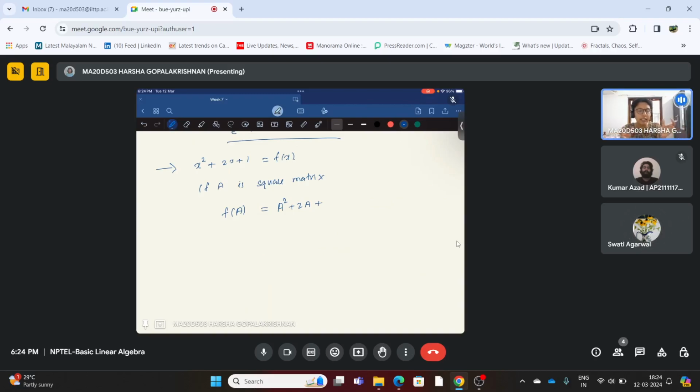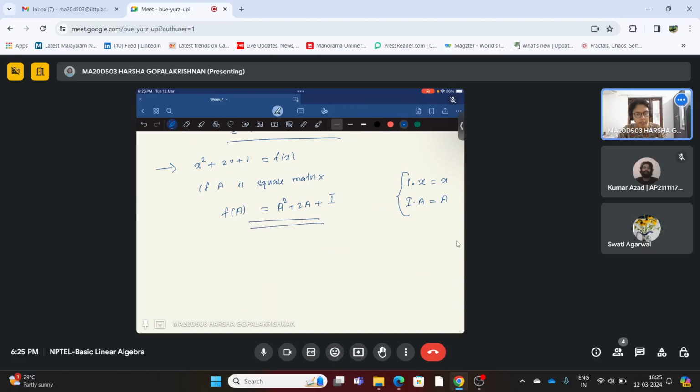Identity is an analog to 1. Identity times A is like 1 times a real number, which is again that real number. In the same way, identity times a matrix is the same matrix. That is why I say I is the analog. So instead of 1, it is I. Whatever the equation, if we have a matrix, we can write it like this.